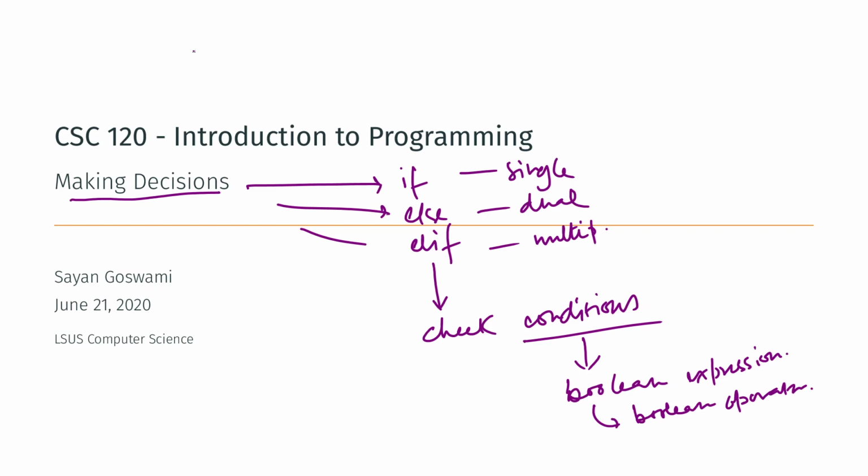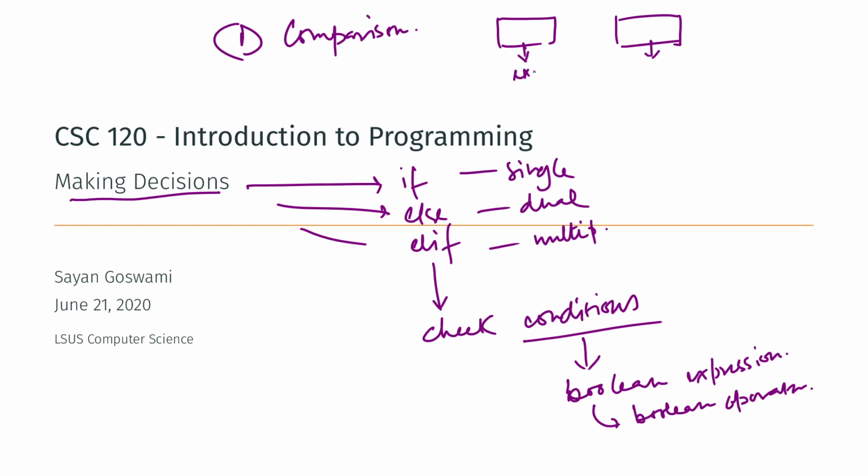So there are two types of Boolean operators. The first type is the comparison, which takes two variables or literals or even expressions, arithmetic and string expressions, and compares them.